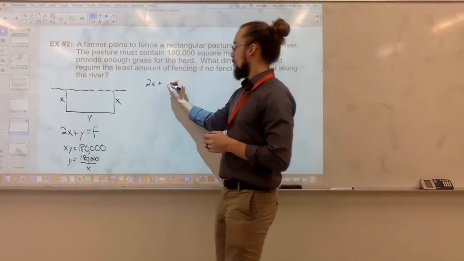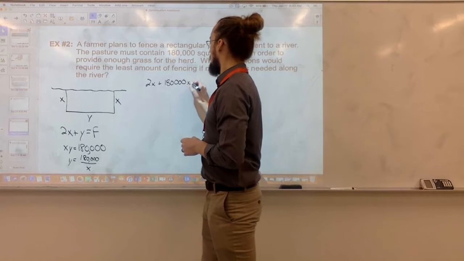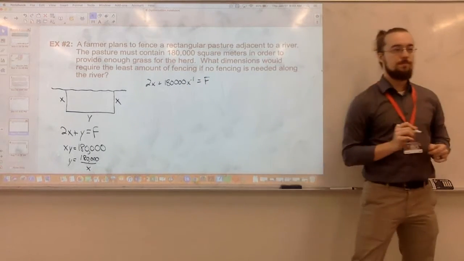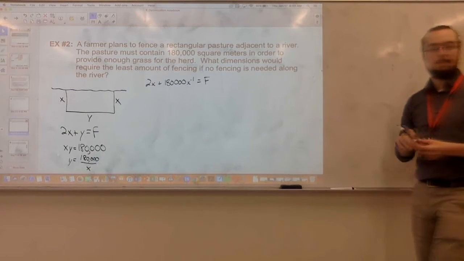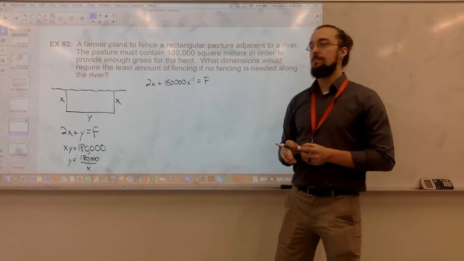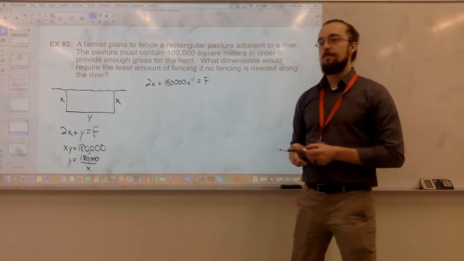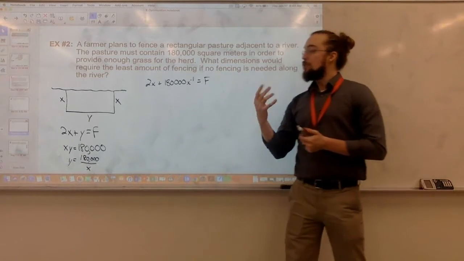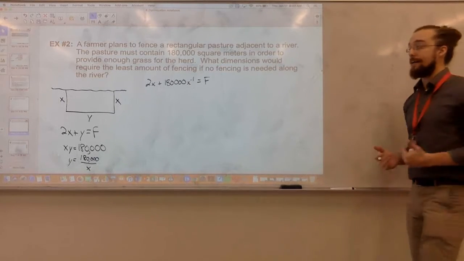So 2x plus 180,000 times x to the negative first equals f. Now what? We have our objective function in terms of just one variable now, and now I can take the derivative.